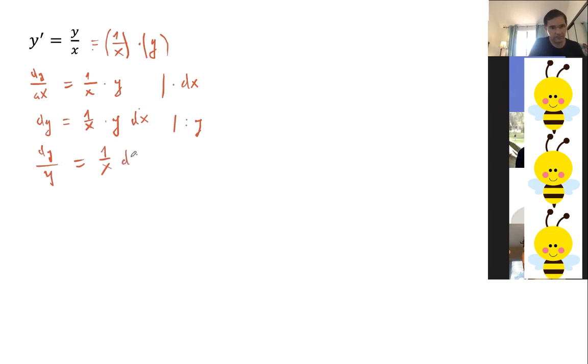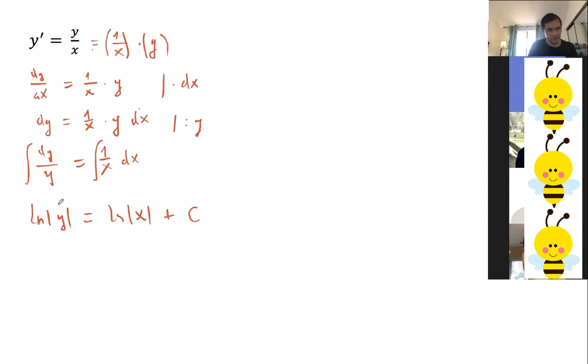Okay, so integrate the left-hand side, integrate the right-hand side. With respect to y, I get ln of absolute value of y equals ln of absolute value of x plus some constant c, and the same trick, apply the exponential function.